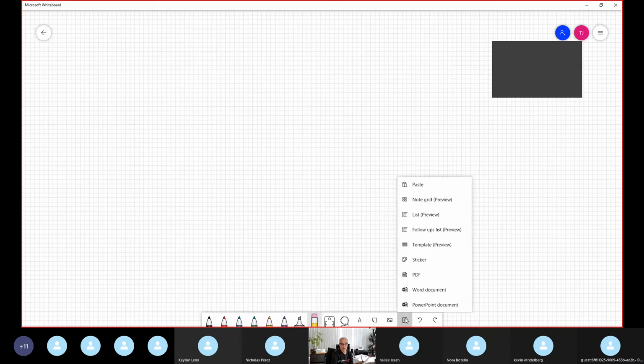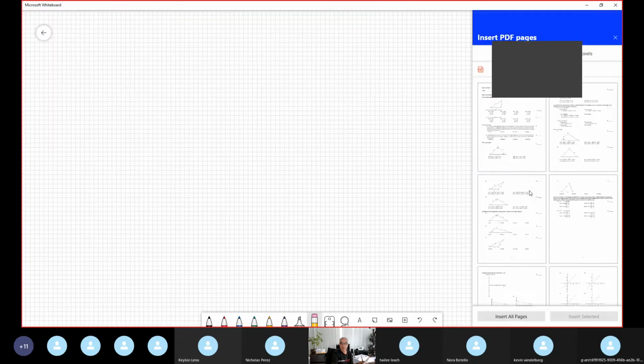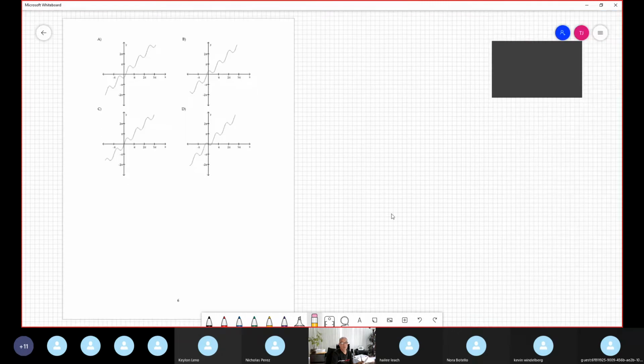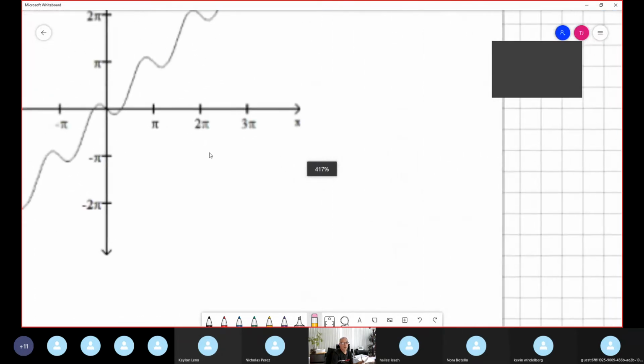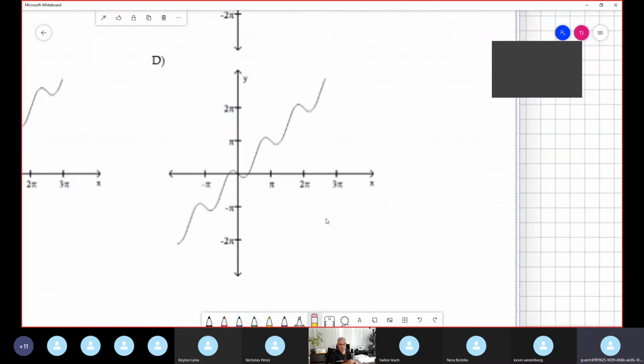PDF, MP3, boom, that one. Do you see it looks like the option D, no? Even the intercept. Yeah.